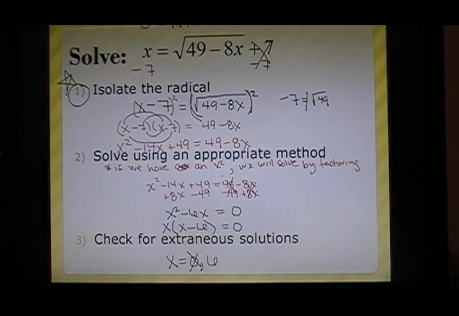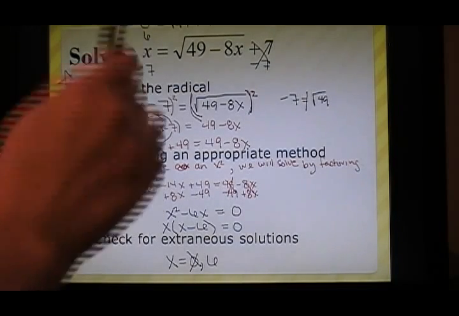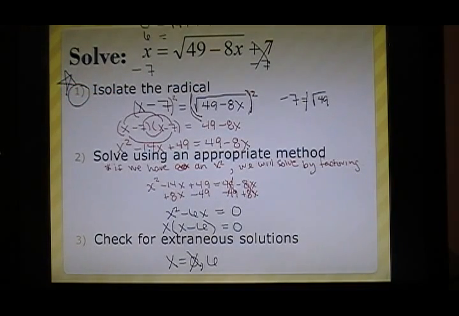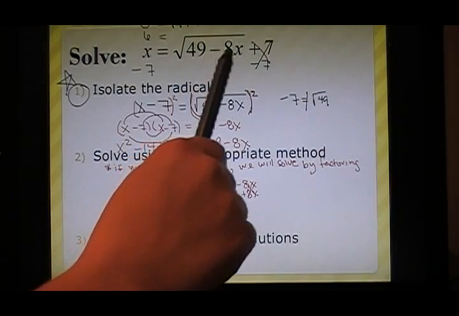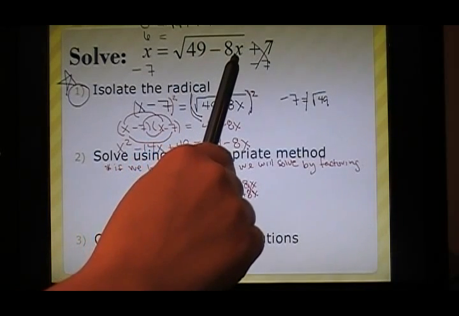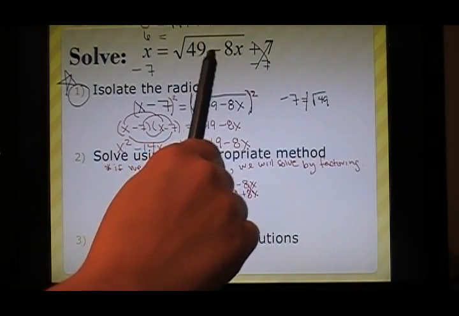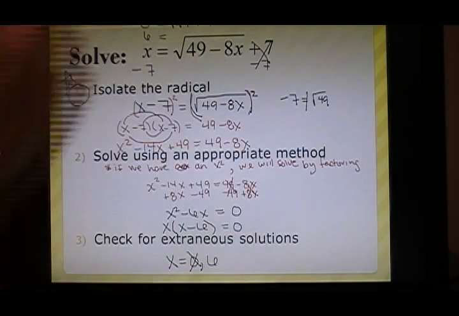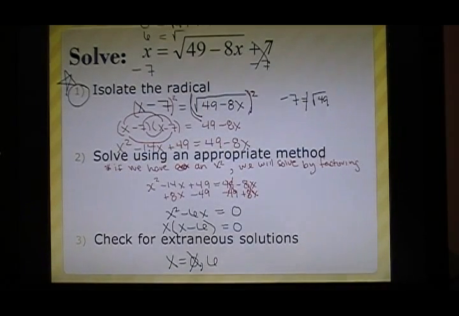But if that's not making sense to you, you can always check it back in the original. If you substitute 6 back into the beginning, this original equation, you get 6 equals 49 minus 8 times 6, which is 48. 49 minus 48 is 1. So we end up having the square root of 1 plus 7. And again, that's false.